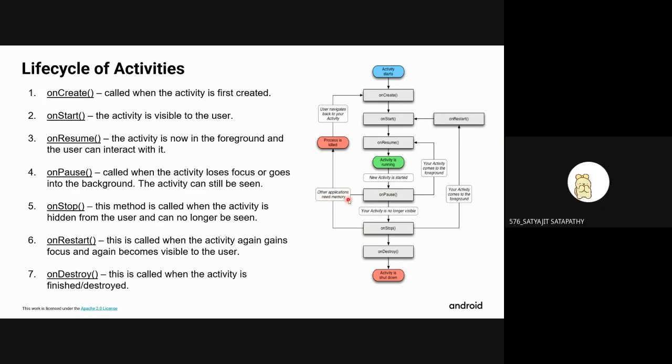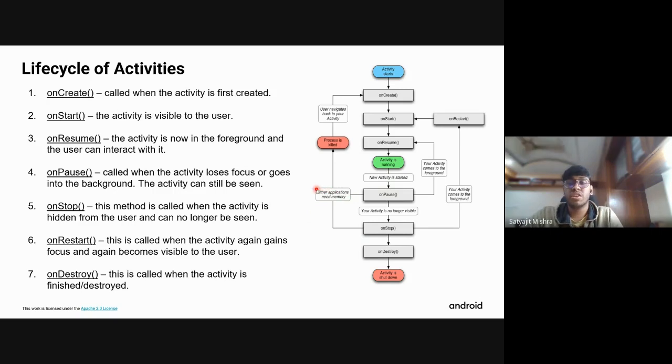Yeah, okay. So what will happen is, suppose you are using WhatsApp, but you tap on the home button of your phone. What do you think? WhatsApp will not be destroyed, right? It still remains in your memory, in your RAM, but it is not visible to you anymore. Suppose you close WhatsApp and you open, let's say, Instagram.